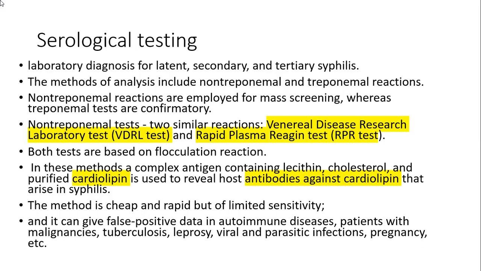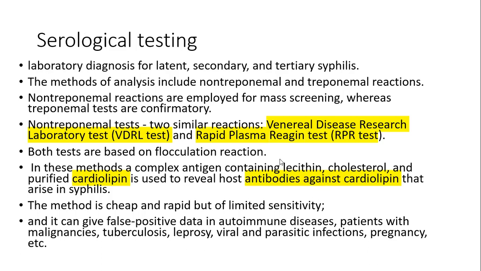The method is cheap and rapid, but of limited sensitivity, and it can give false positive results in patients with autoimmune disease, malignancies, tuberculosis, leprosy, viral and parasitic infections, and pregnancy, because they reveal antibody against cardiolipin.